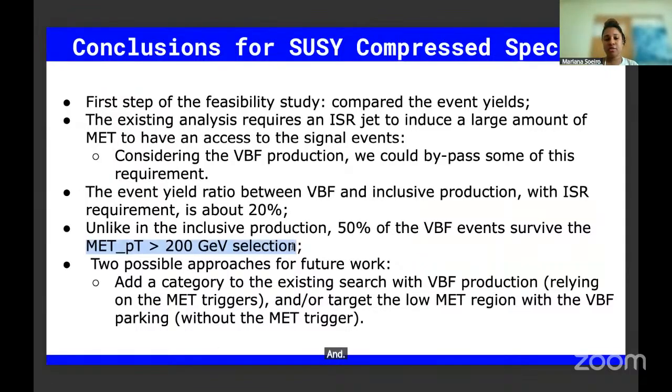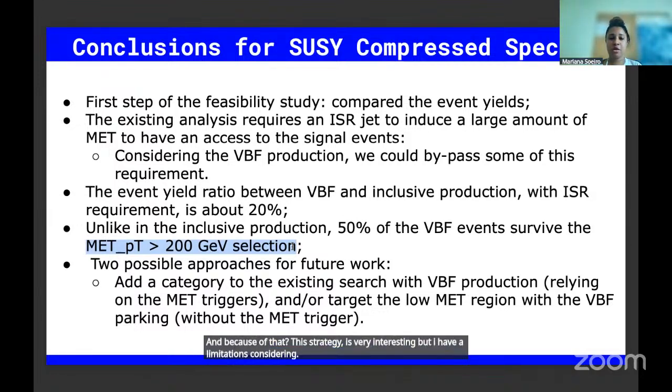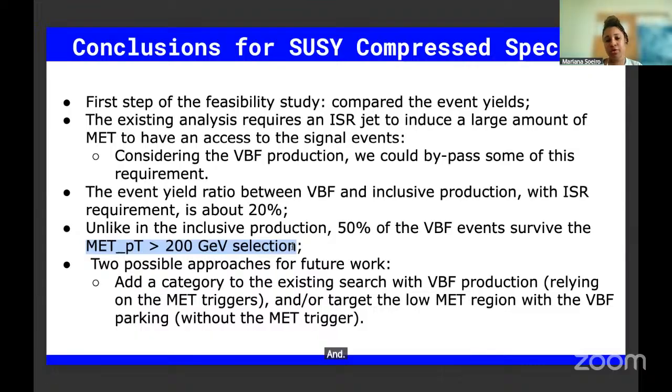Because of that, this strategy is very interesting, but has limitations considering the trigger part. The next steps of this work are to talk a little more about that and try to understand the trigger application.